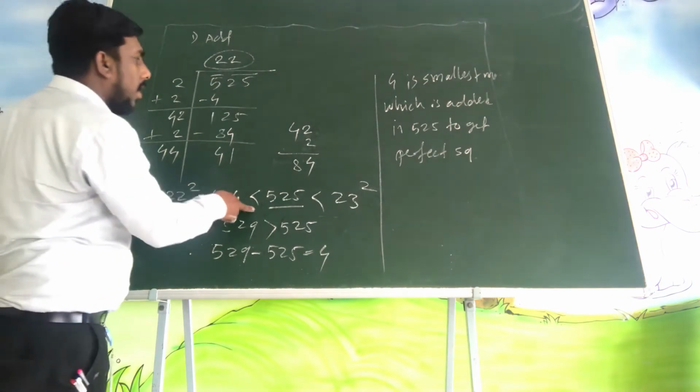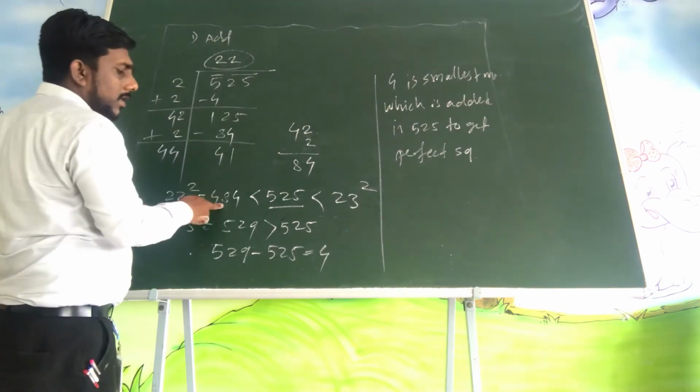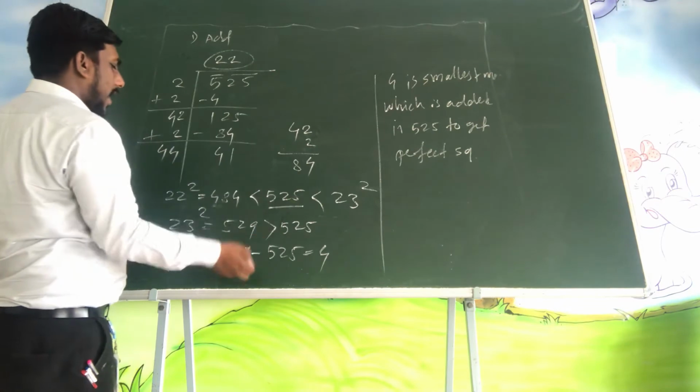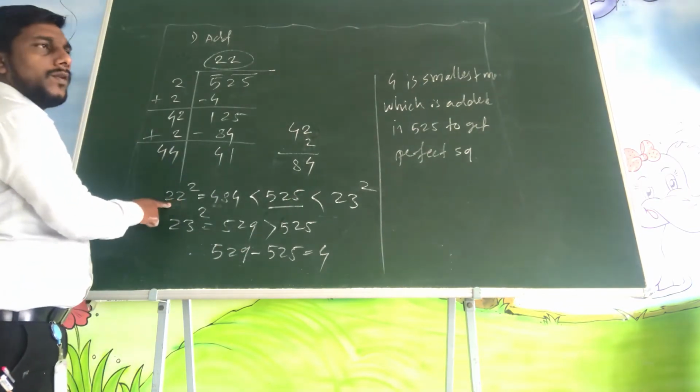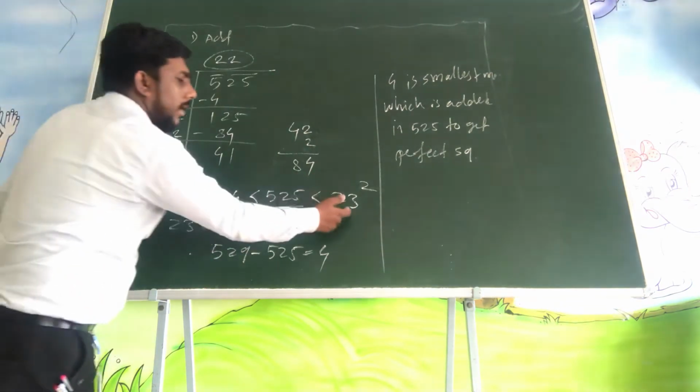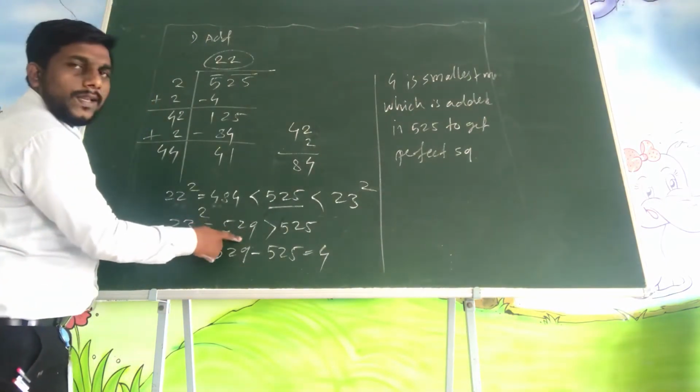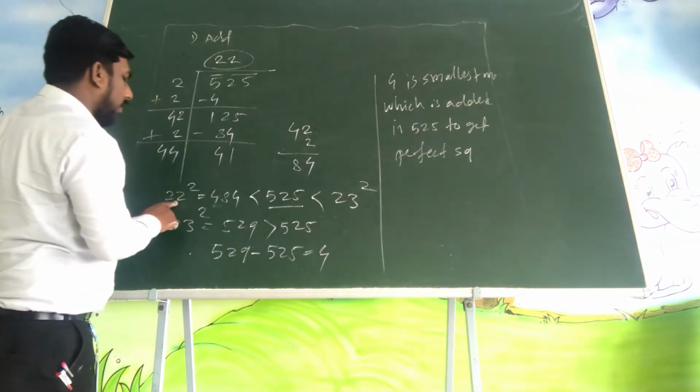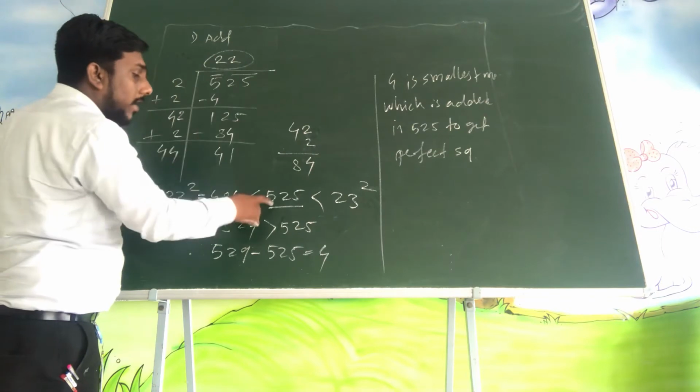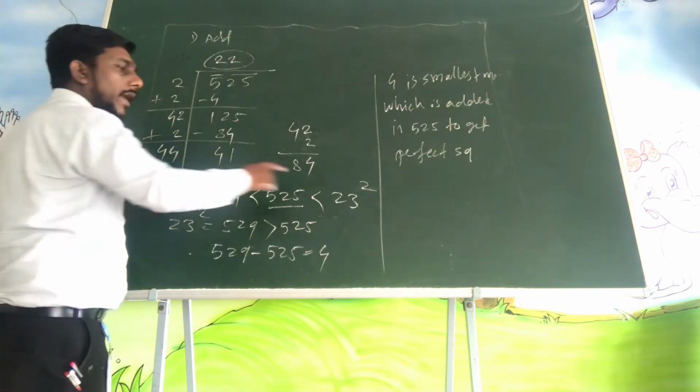So this number is smaller than the given number. And what is the next number after 22? 23. So 23 square is 529. So 525 lies between the squares of 22 and 23.